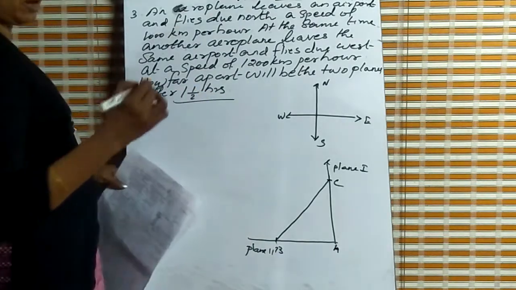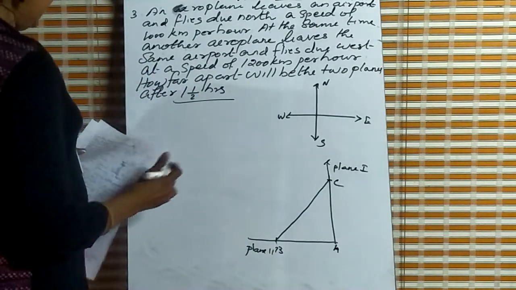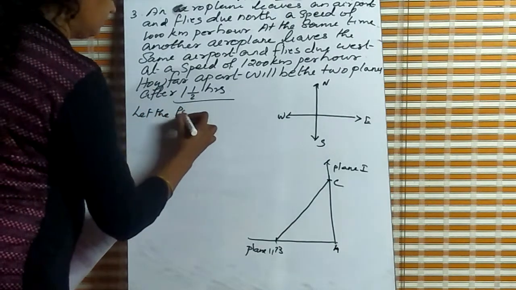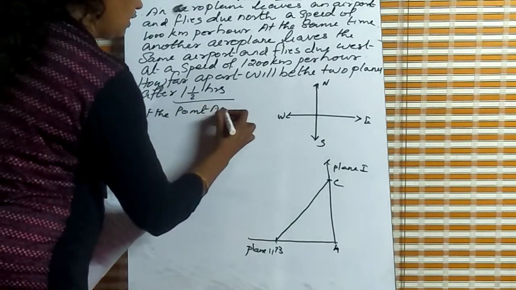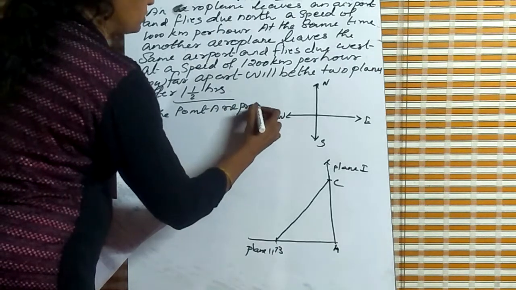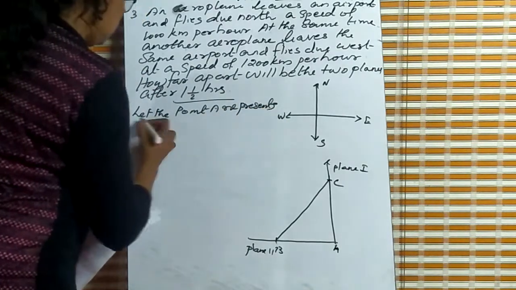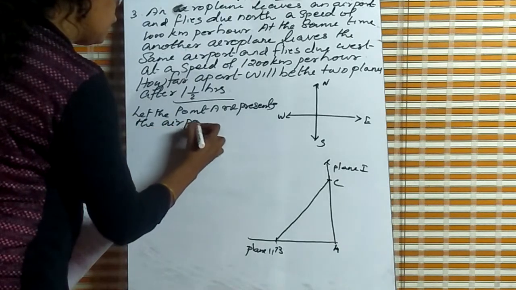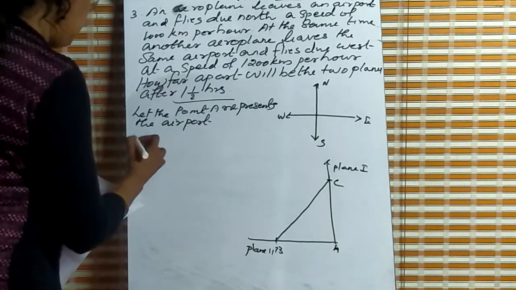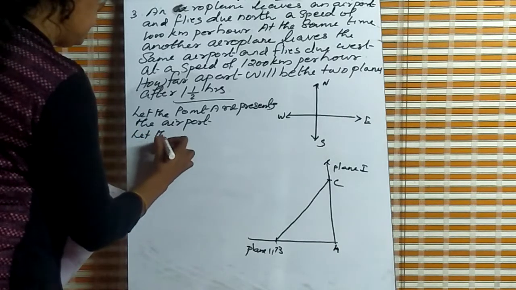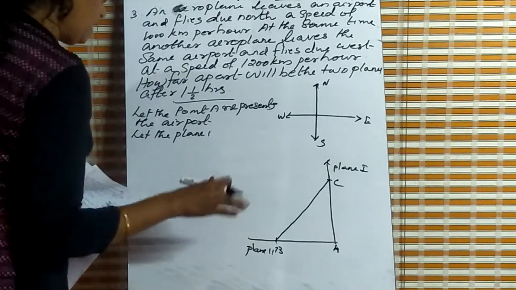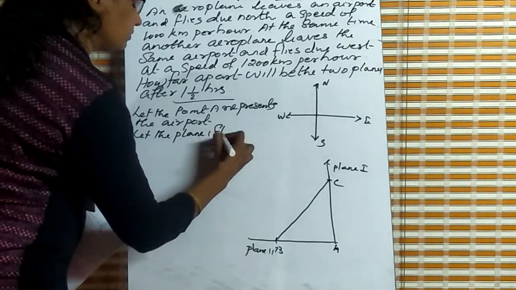Listen, first we have to write what is given. Let the point A represent the airport. Let plane 1 fly towards north.